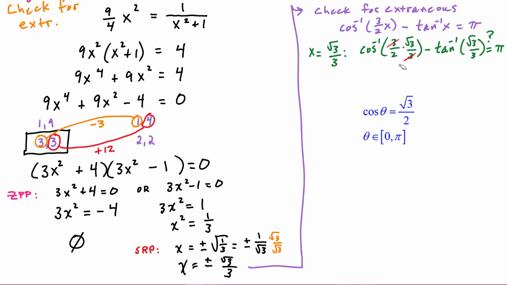Well, the only angle for which that is true is pi over 6 minus tangent inverse of radical 3 over 3.